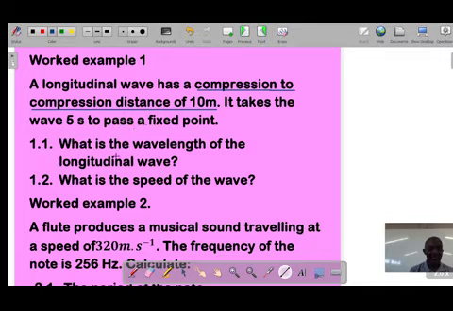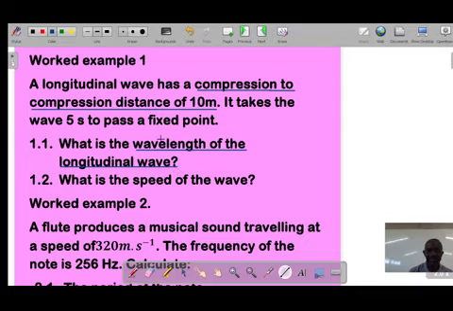Now what do you think here, guys? We said that wavelength is the distance between two consecutive points in phase, and such points can be from one compression to another, or from one rarefaction to another.